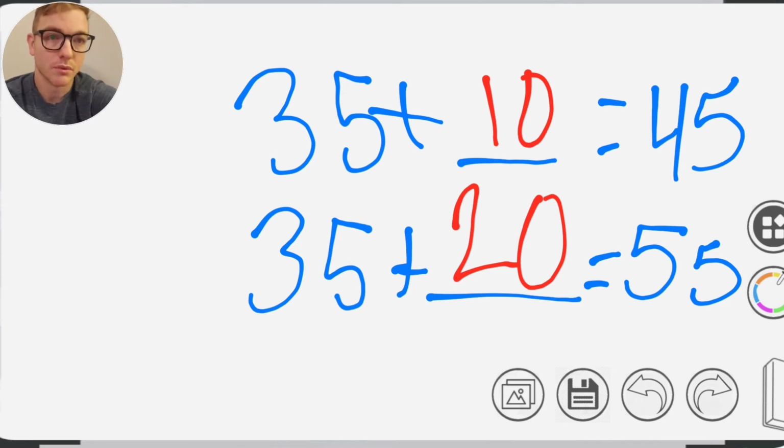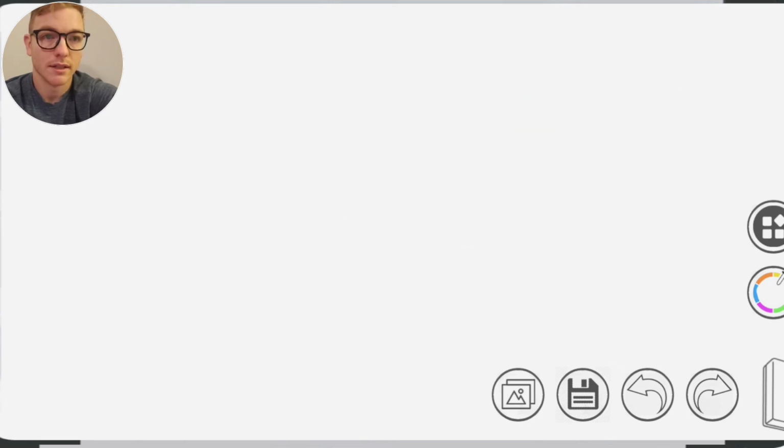So let's take a look real quick at our problem that we have. The first one, 24 plus blank equals 34. See if you can figure that one out on your own. If you still have questions after seeing me do it, that's okay.